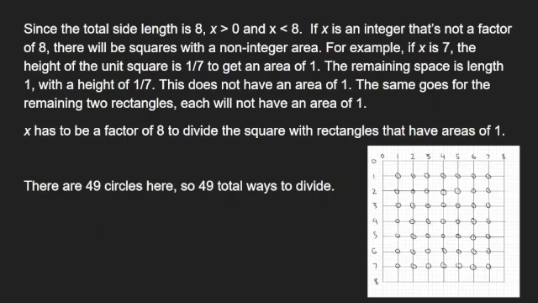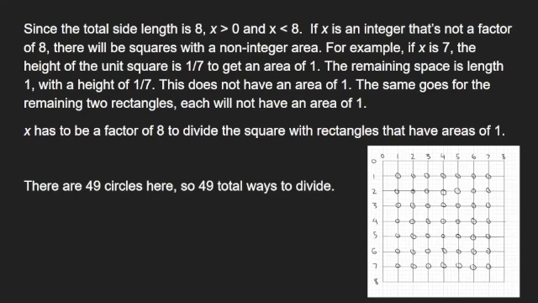Since the total side length is 8, x has to be greater than 0 and less than 8. If x is an integer that is not a factor of 8, there will be rectangles with non-integer area. For example, if x is 7, the height of the unit rectangle is 1/7 to get an area of 1.